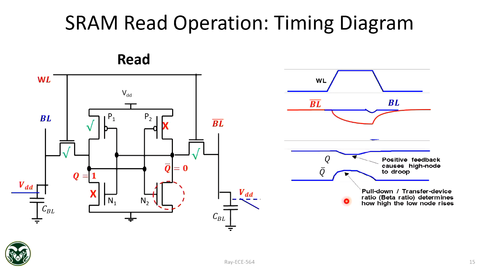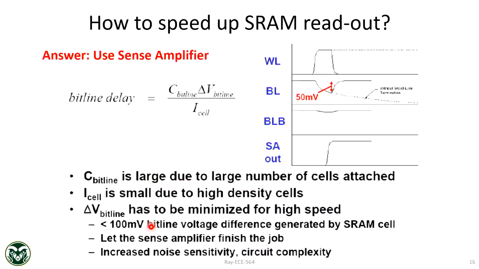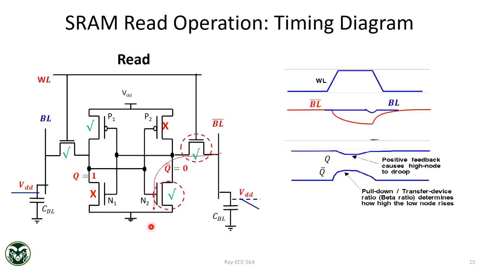Okay, so that's the read operation, and this is the comparison between the two NMOS, the access and pull down NMOS. The ratio between these two NMOS transistors is called the pull down ratio. The pull down NMOS size divided by the access NMOS size is called the pull down ratio.